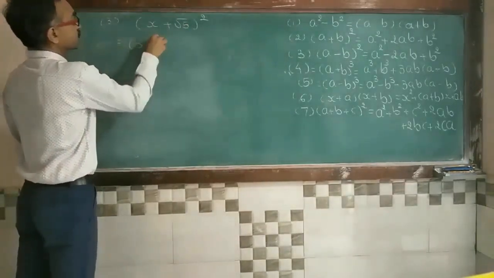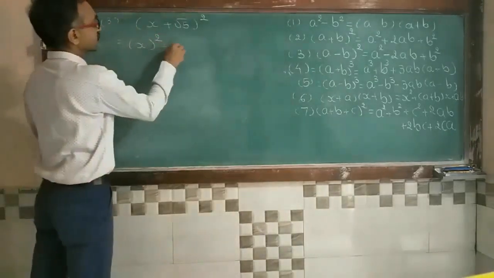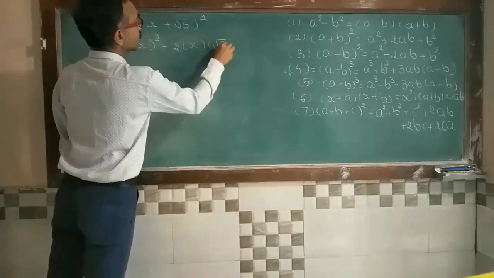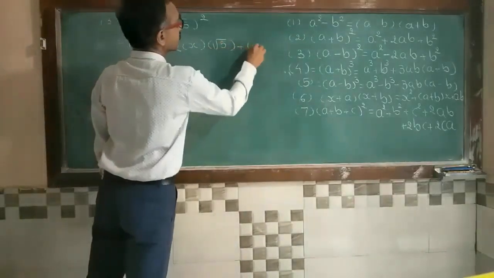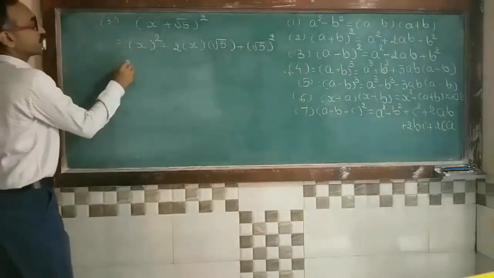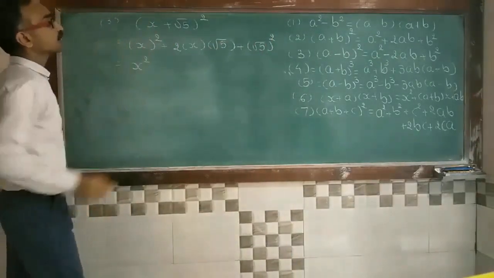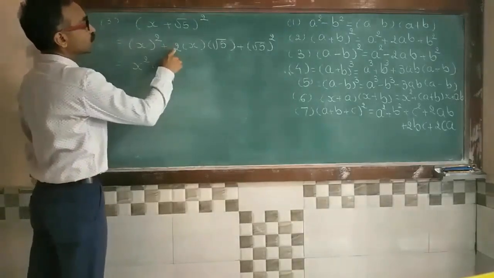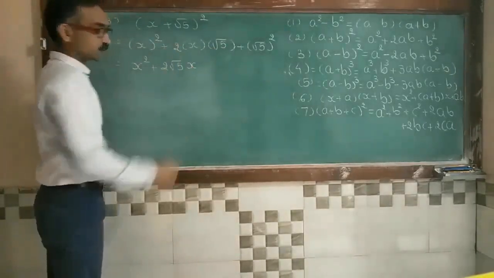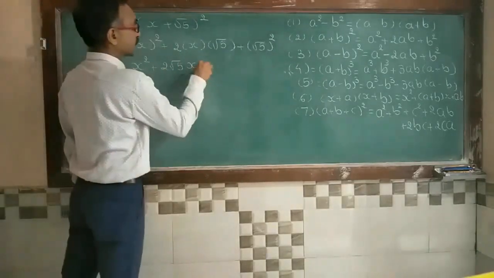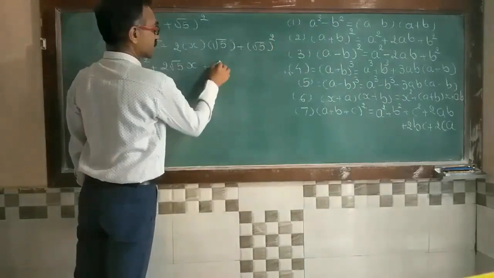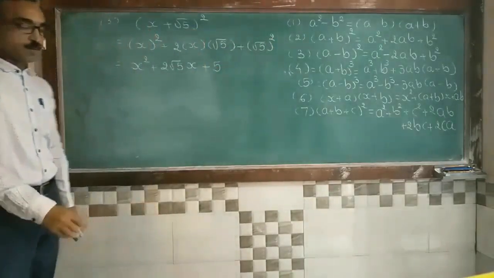So x whole raised to square plus 2 into x into root 5 and plus root 5 whole raised to square. So the answer is x square plus 2 into x into root 5, so 2 root 5 into x, plus root 5 square. So root 5 square, that means is 5.